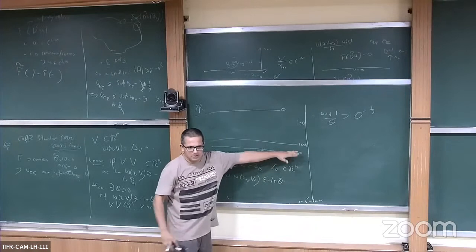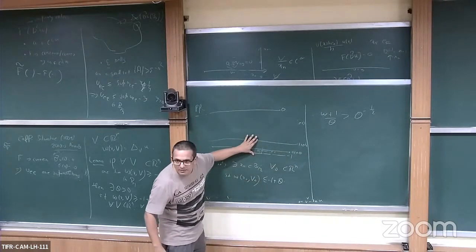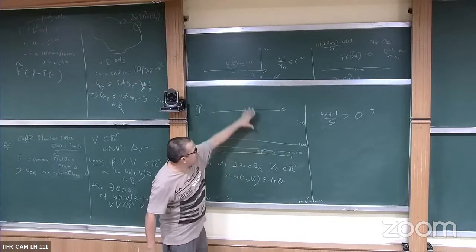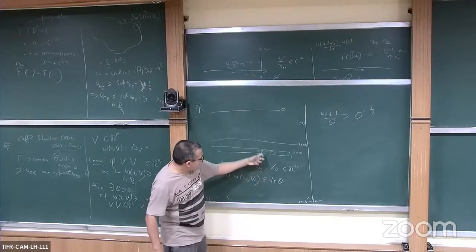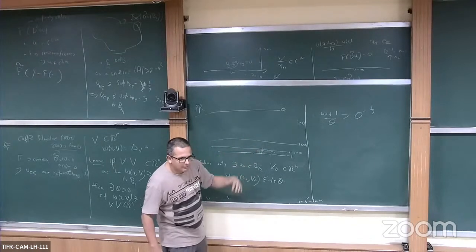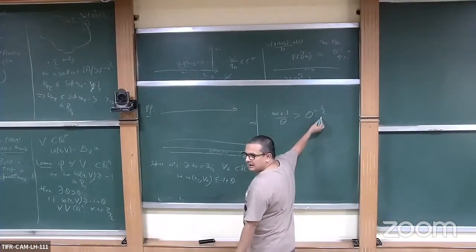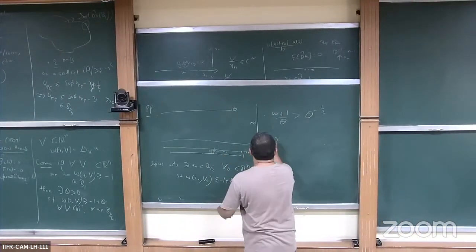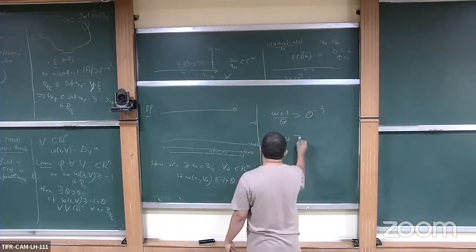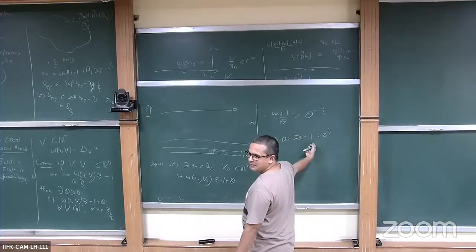Sorry, so this is what I meant. So just move it a little bit, and then this is 1. So this is also very skinny, very tiny compared to 1. Okay, but then compared to this theta, this is a big number, right? If I take the ratio. So this quantity bigger than theta to the -half is the same as asking that W should be bigger than -1 plus theta to the half. But this is very small.